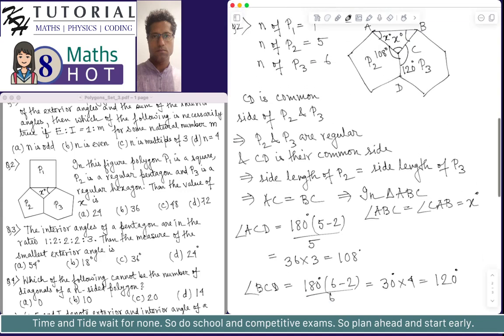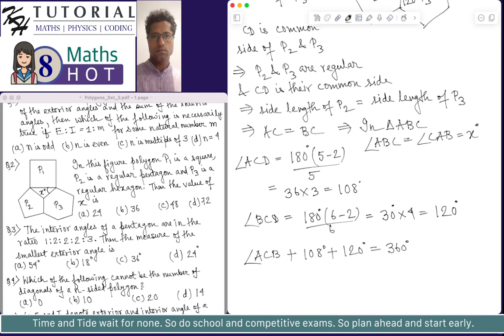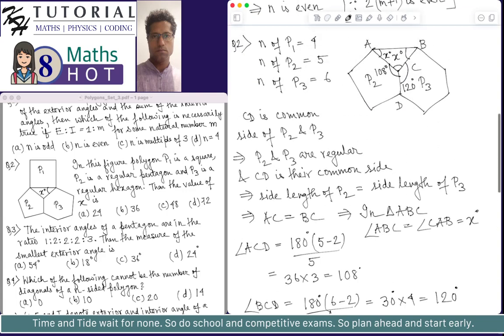Now notice that the angle ACB plus 108 degree plus 120 degree must be equal to 360 degree. Why? These three angles are angles around a point.